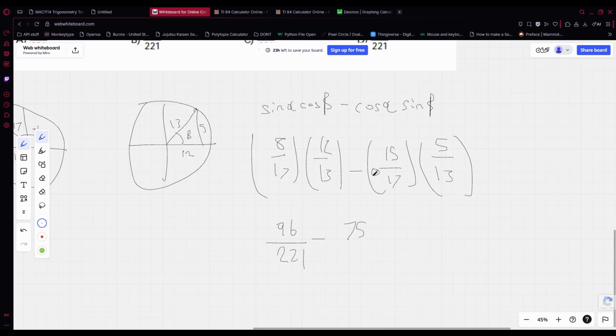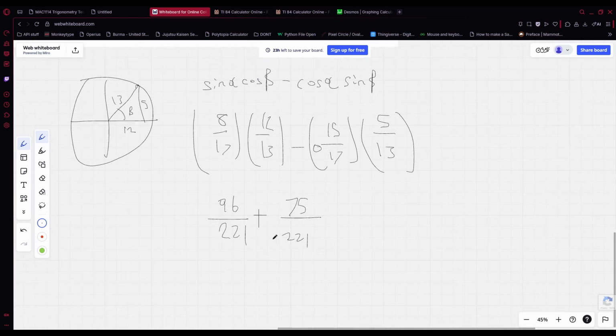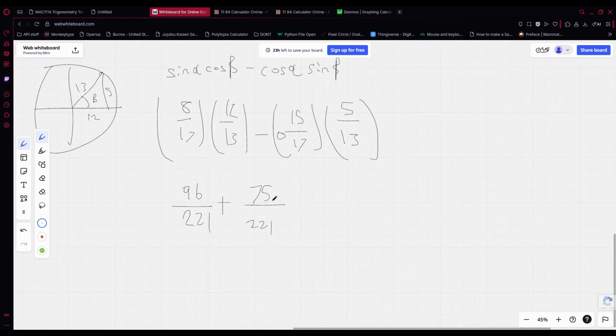And this is a negative sign, so this would be plus. And then 17 times 13, same thing, 221. Like denominators, we can add them just fine. 96 plus 75 is 171.